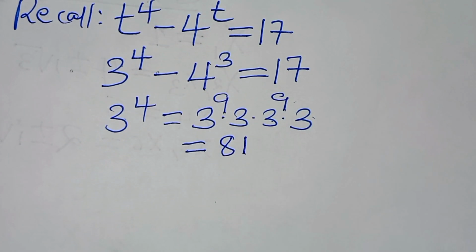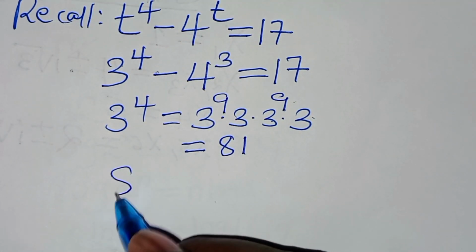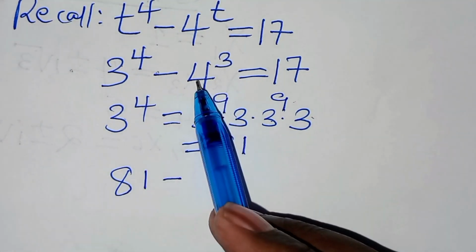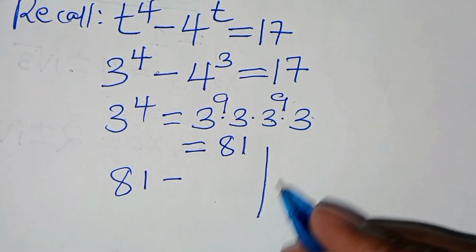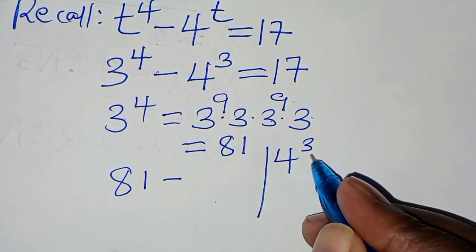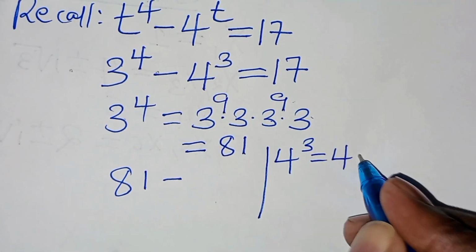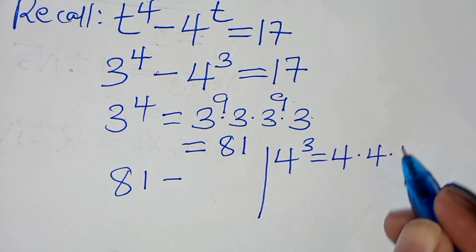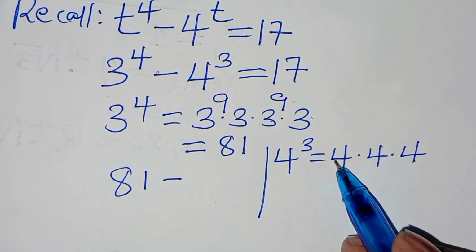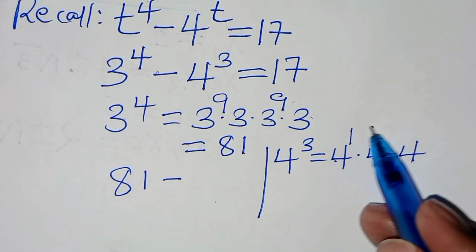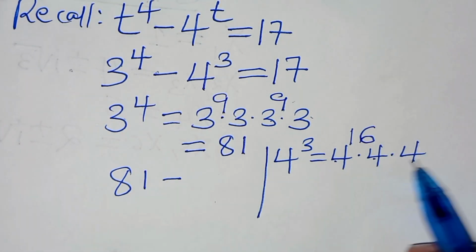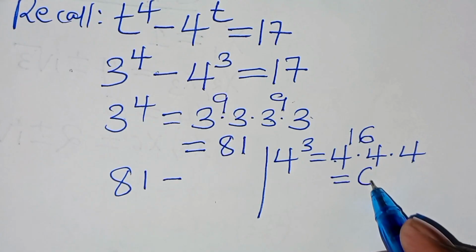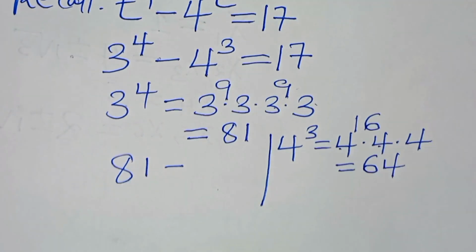Now we have 81 subtract 4 to power 3. 4 to power 3 is 4 times 4 times 4. 4 times 4 is 16, and 16 times 4 is equal to 64.